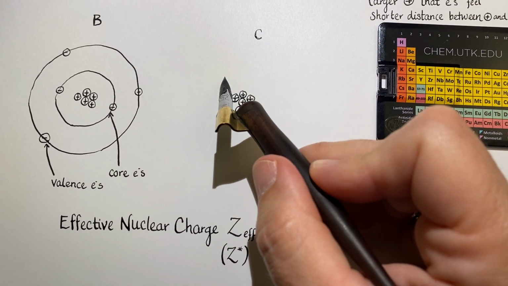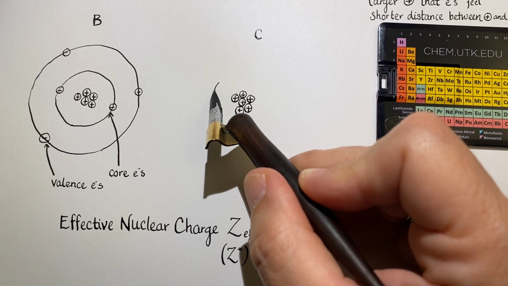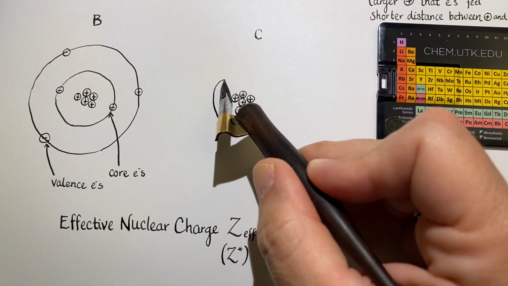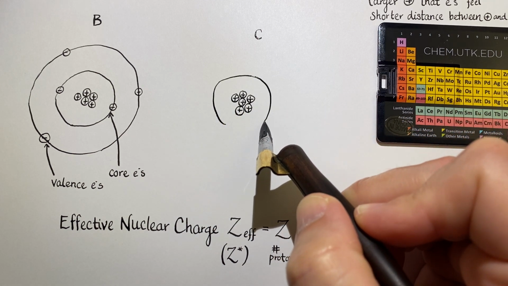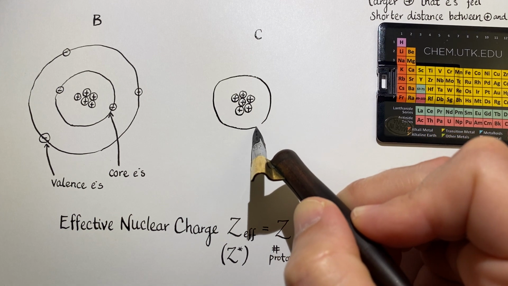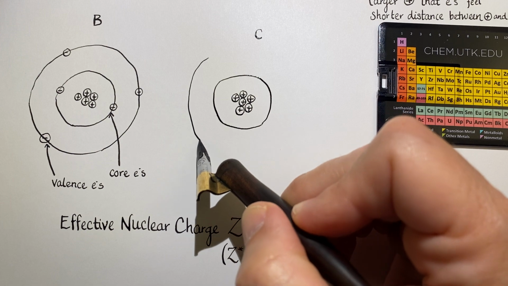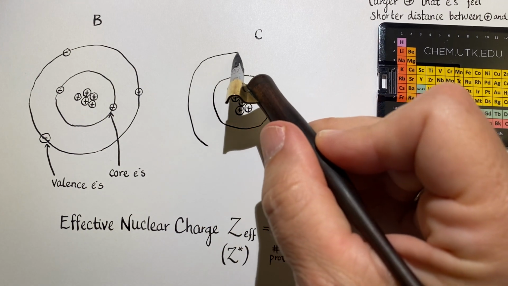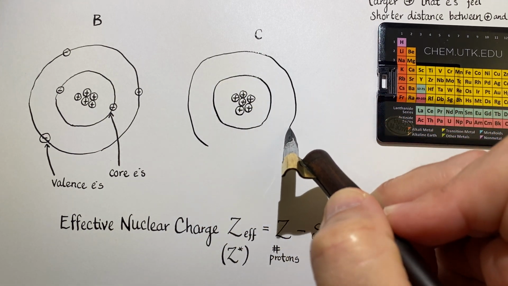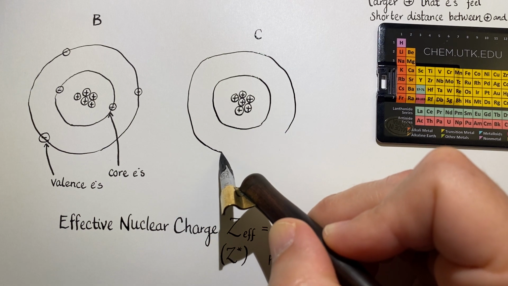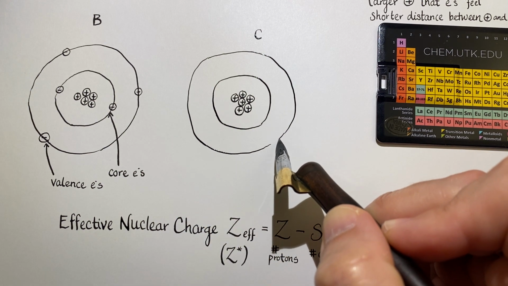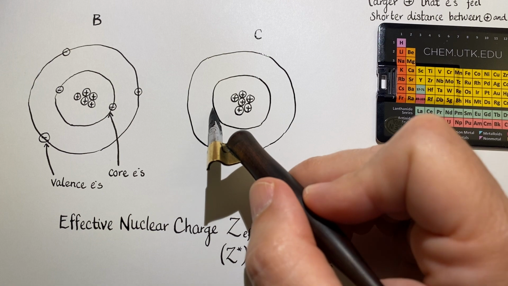But similar to boron, we've got this inner shell and outer shell, and we can put in our electrons.